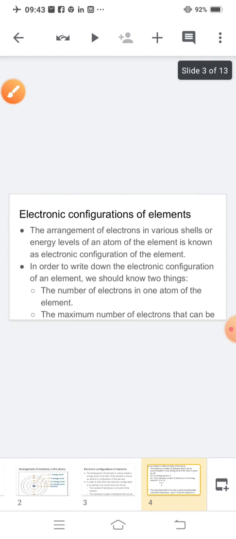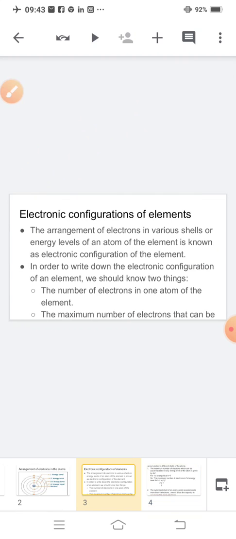Now I am reading this slide once more. Listen carefully. Electronic configuration of elements: the arrangement of electrons in various shells or energy levels of an atom of the element is known as the electronic configuration of the element. In order to write down the electronic configuration of an element, we should know two things. Number one, the number of electrons in an atom of the element.